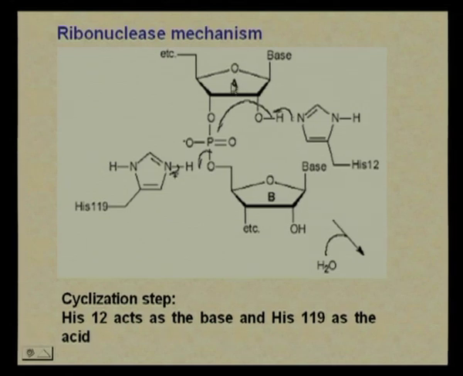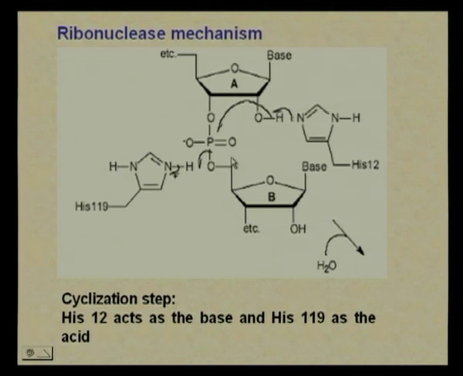We have the ribonucleic acid chain along the middle, and ribonuclease A is the enzyme that is cleaving RNA. The linkage is a phosphodiester linkage here, and the molecule is going to be cleaved by the protein.